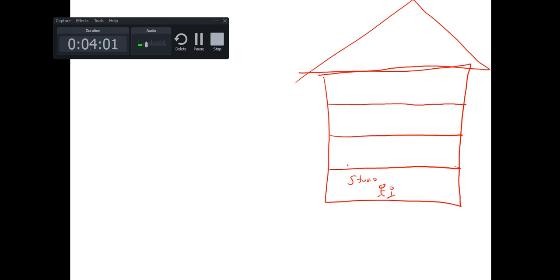In the second floor, however, the second floor might be able to fit up to 8 people. So the maximum occupancy would be 8. Now it could fit less than that, but once you have 8 people in there, then new tenants need to go to the 3rd floor, and then the process repeats itself.